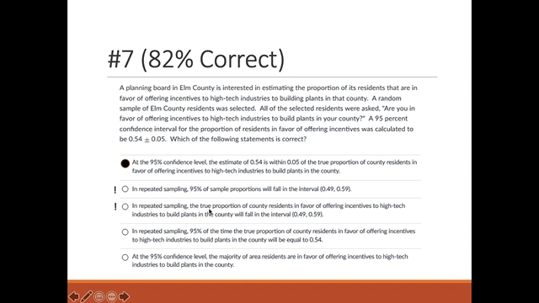In repeated sampling, the true proportion of all county residents in favor of offering incentives will fall within this interval. Well, there's nothing sacred about this particular interval. The true proportion will be captured in about 95% of the intervals that we could build in repeated sampling.